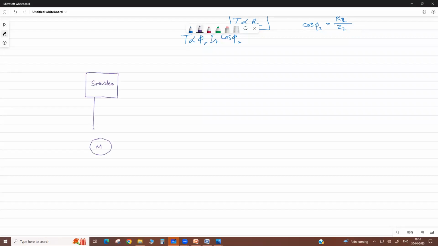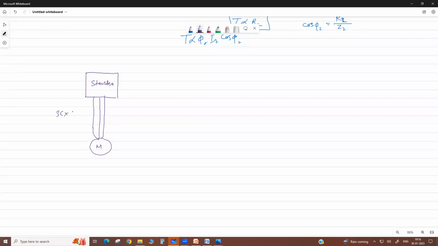We require a 3 core cable, like this. 3 core means 3 single core cables, or either a 3 core.